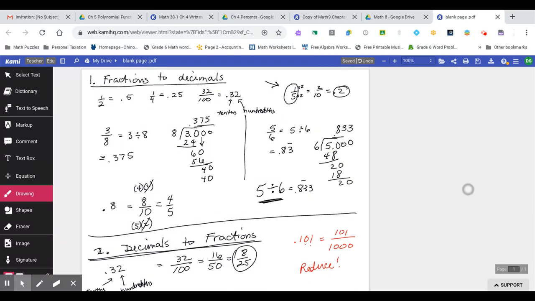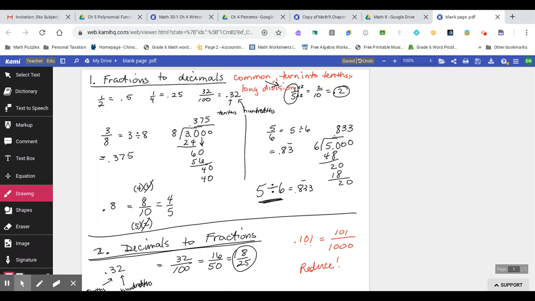To go back to fractions to decimals, there are a few things you can do. There are some common ones that you just know. There are some that you can turn into tenths. You can do long division.